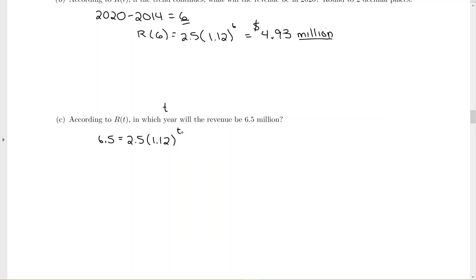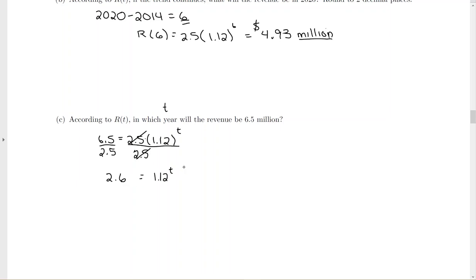Now this is algebra class, so we're not going to just sit here and guess and test numbers until it works. We're going to solve for this exponential. So we undo this 2.5 first. It's hooked by multiplication, so you unhook it with division to both sides of the equation first, get the exponent by itself, just like we did in the previous questions. Our exponent is by itself. Do that division. It should come out, I believe, 2.6. Don't round, so don't round it up to 3 or anything, just hold all your decimals.